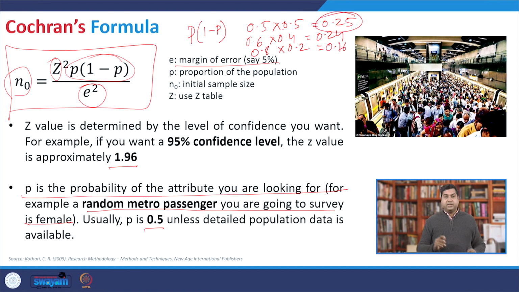So in order to capture the maximum heterogeneity or proportion in the equation, 0.5 is what gives you the best, or maximum, result. With this, if you calculate, we will end up with a certain minimum sample size. In this case, we are not adding any information about the total population, even if we know that the total population is 55 to 60 lakhs passengers.